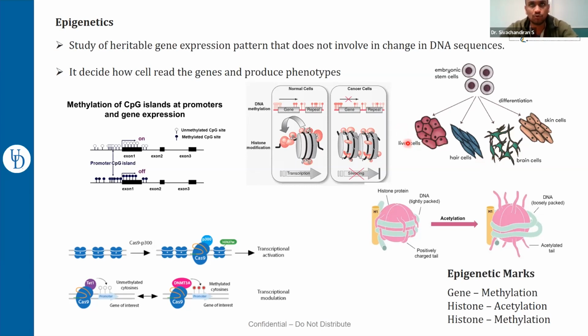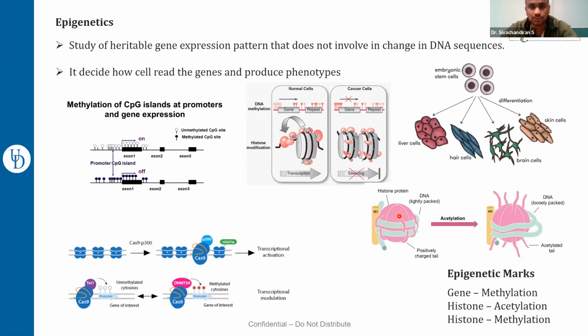DNA is not free floating in our cell like we see in textbooks or movies. DNA is densely packed in a chromatin structure. It has histones, the DNA that is coiled around histone proteins.